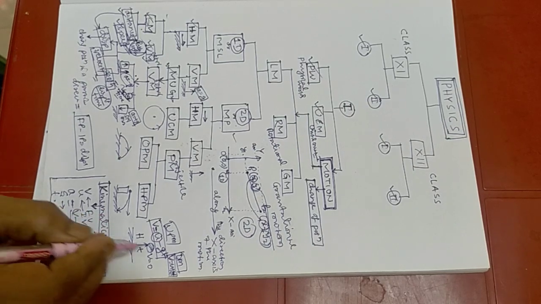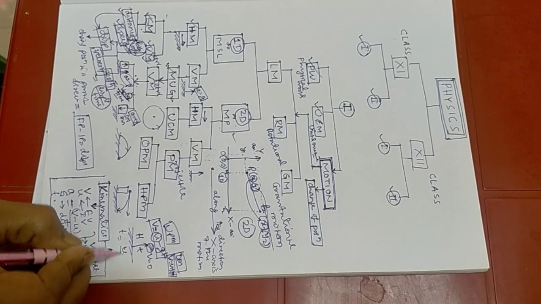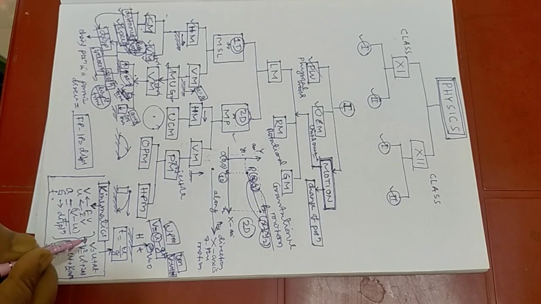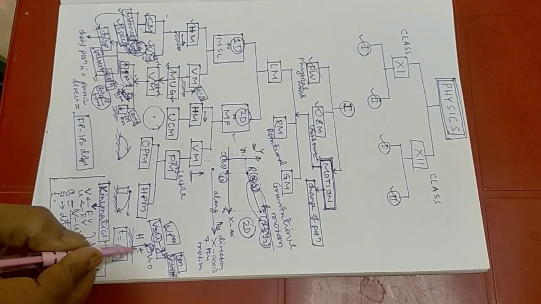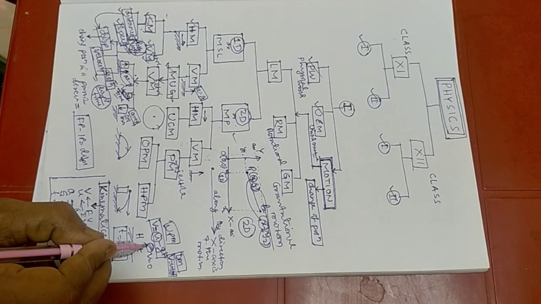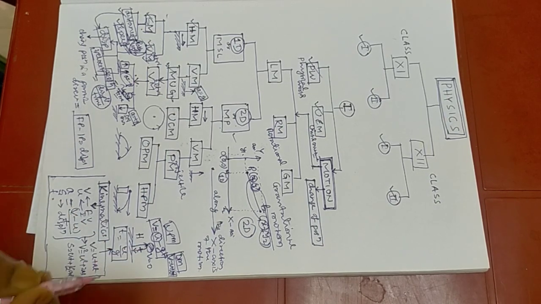In that case, t becomes u by g. After attaining velocity 0, it changes its direction and comes down.